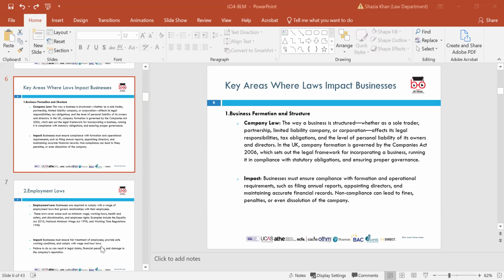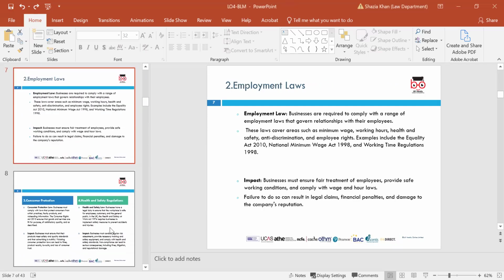So the next one we look at is employment law. Why is that so important within any business? Why is there a need to have employment law in place? Employees must be given a written contract within an organization. They must follow the legal requirements. It's aimed at protecting individuals' rights, as well as the health and safety of an individual.